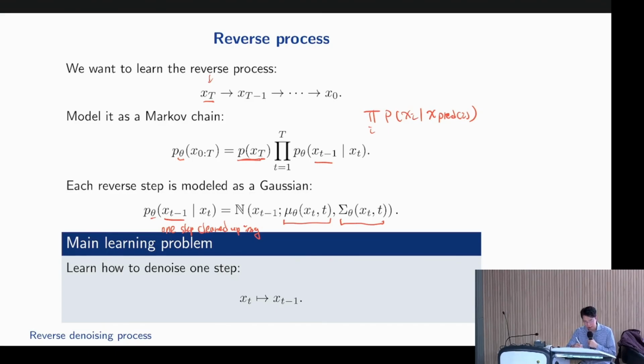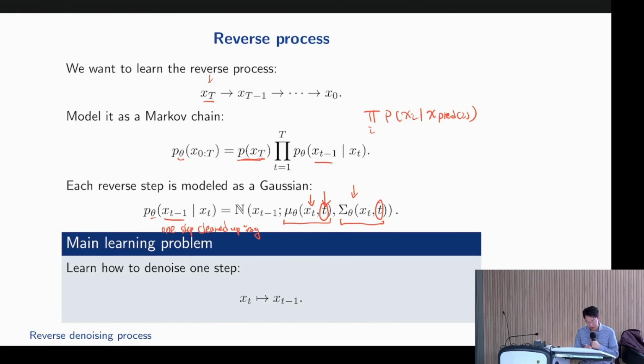So the model is going to take as input xt and step index t and output the mean parameter for a one-step cleaned up image and correspondingly the variance as well. Okay? So compared to VAEs, the mean model now also takes as input this natural number, the time index.